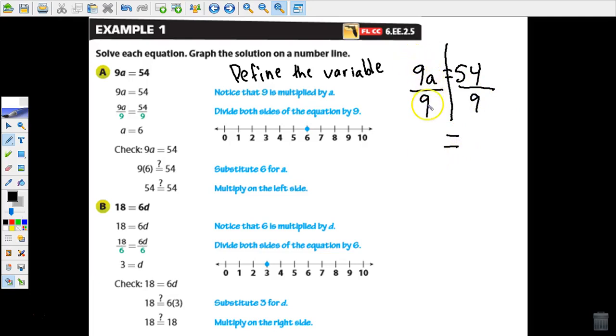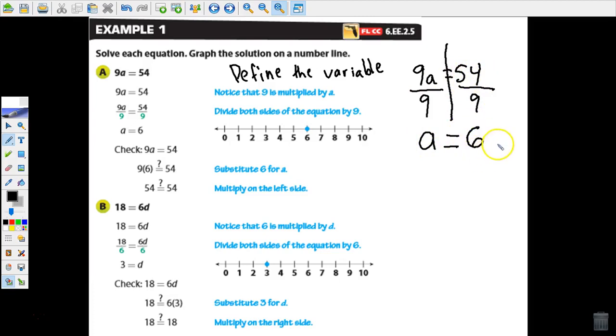So 9 divided by 9 is 1. So basically I have 1a or just a. If you guys remember, there is always an imaginary 1 in front of the variables, okay? These don't cross out because it doesn't necessarily equal 0. It just equals 1. So it is 1a or just a, okay? And then we do 54 divided by 9, which gives me 6.